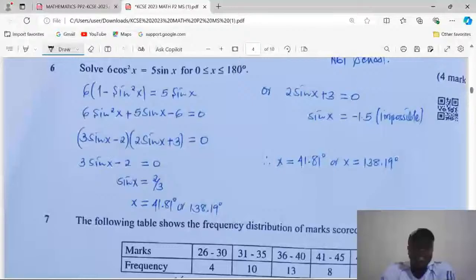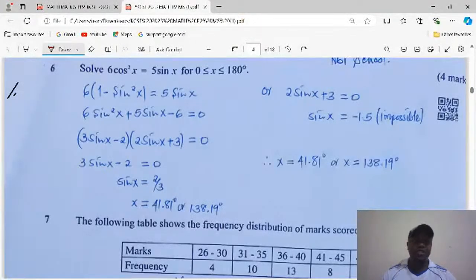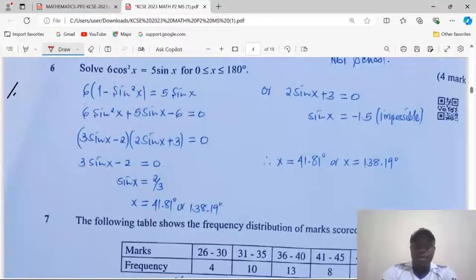We are now going to solve another question here, let me use a different ink. The question is on trigonometry. 6 cosine squared of x equals 5 sine x for the range of x between 0 and 180.